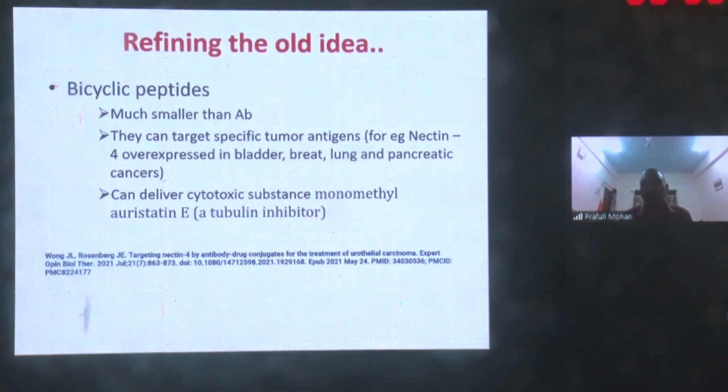Now bicyclic peptides, which are much smaller than antibodies, are being used to deliver a cytotoxic substance, in this case MMAE, a tubulin inhibitor. Nectin-4 is a target which is overexpressed in bladder, breast, lung, and pancreatic cancers. So you have a peptide which identifies this Nectin-4, docks onto it, has MMAE along with it, and that goes inside, leading to cytotoxicity.